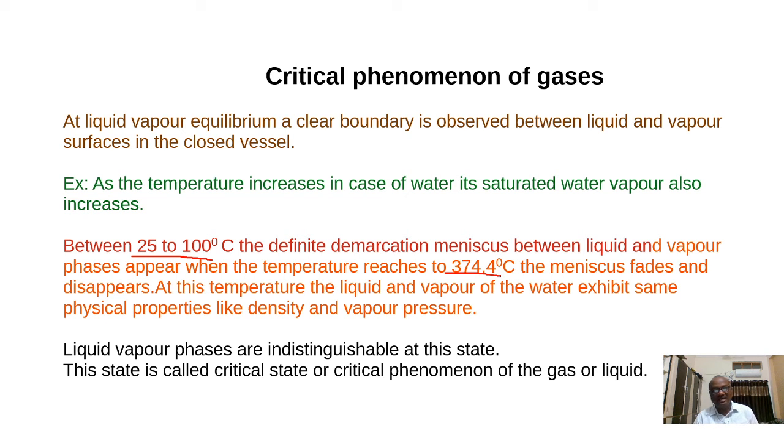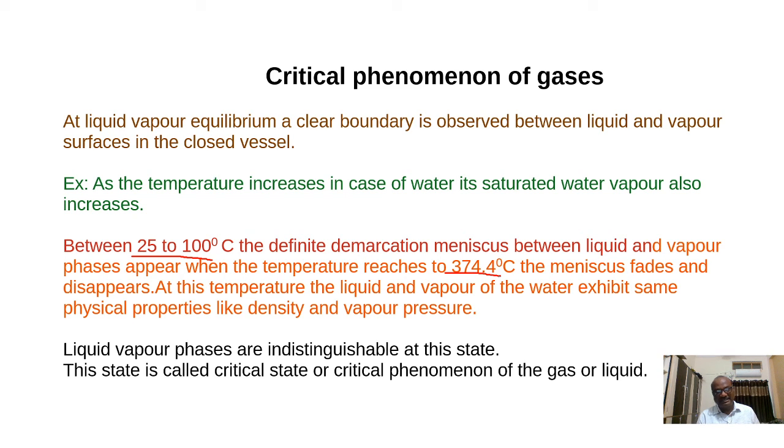Every gas will have its own characteristic critical temperature that depends on the nature of the gas. Under critical conditions, at the critical point or critical state, it is not possible to distinguish the vapor and liquid of a substance.